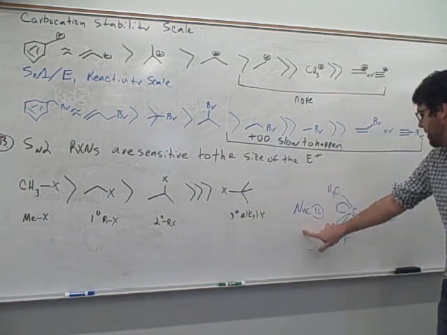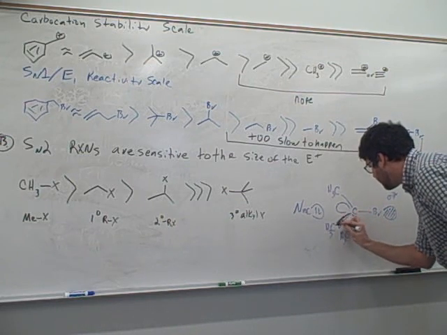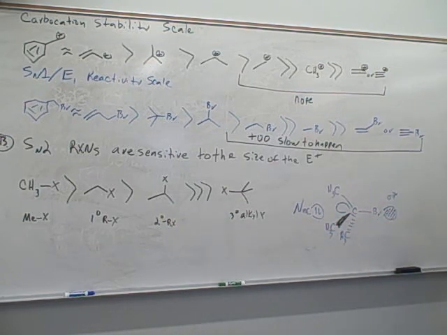And so I've drawn an example reaction here of tert-butyl bromide reacting with a generalized nucleophile. So this is just a nucleophile like hydroxide or hydrosulfide, something with a nice lone pair of electrons that's able to act as its nucleophilic source.